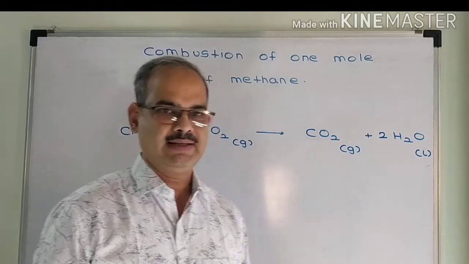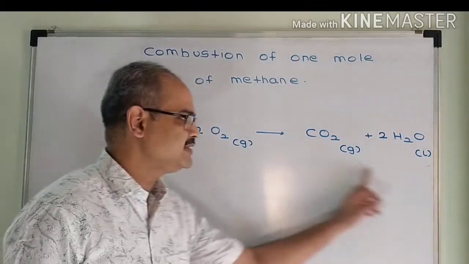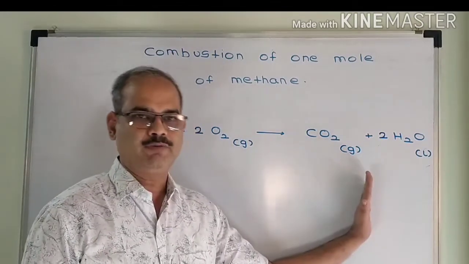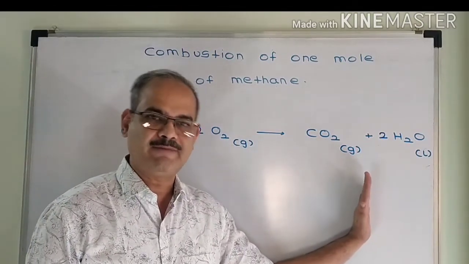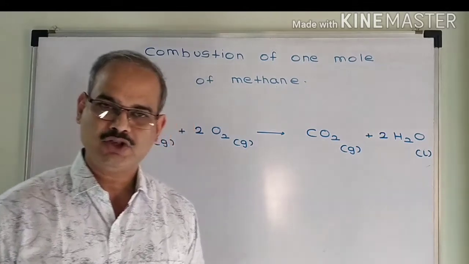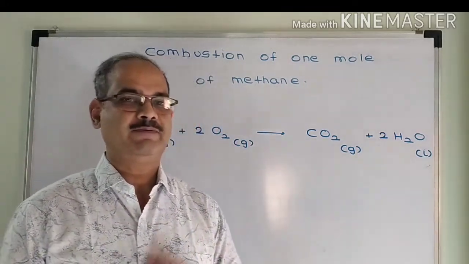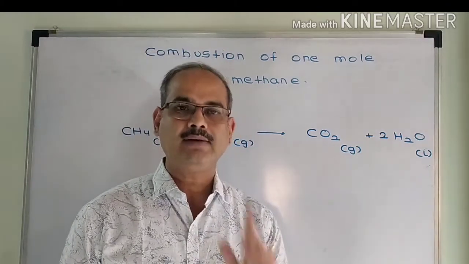The third guideline says that after specifying the physical state of every reactant and product, on the right hand side of the equation, you have to specify the value of enthalpy change. You have to specify the magnitude, the appropriate sign and the unit.